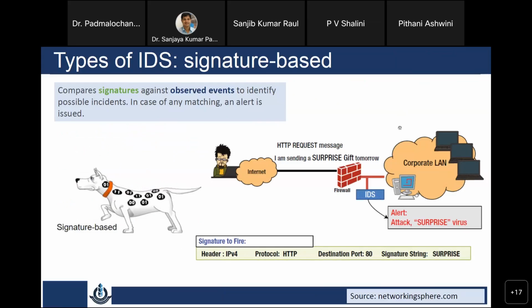Okay. Signature based, as I mentioned, works based on existing signatures. For example, one HTTP request packet comes from the internet to your corporate LAN. Your firewall could not detect it, because the header is obviously fine. Based on the header information, the firewall allows it.